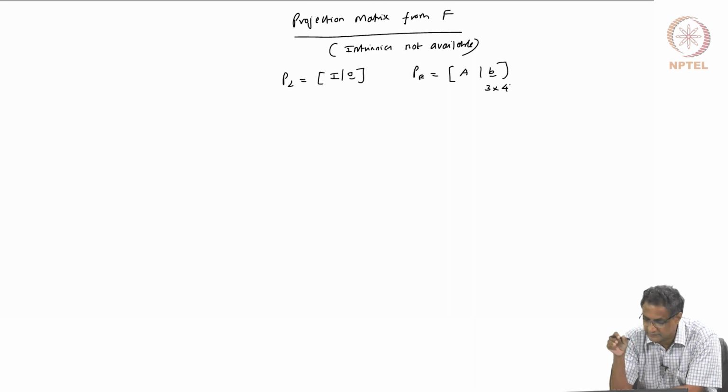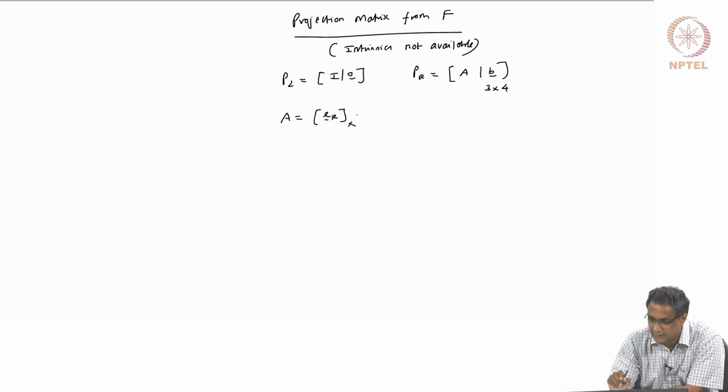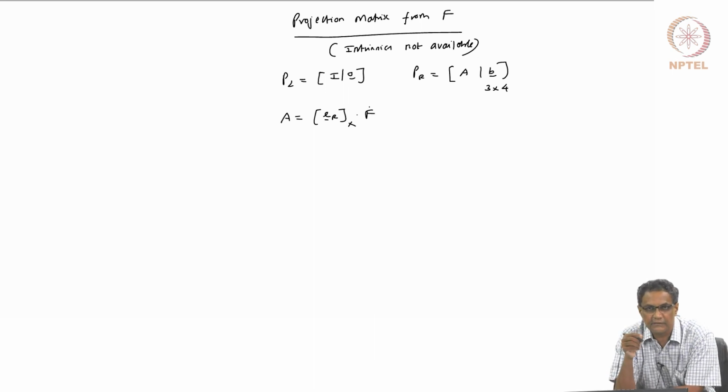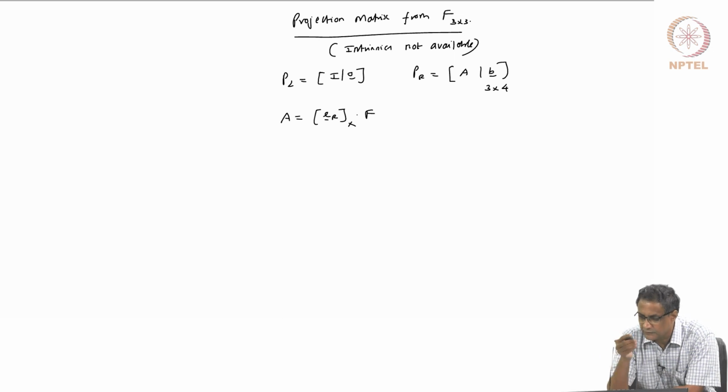There are several choices, but one possible choice which is the most commonly used is A as the cross of ER. So, ER is the right epipole times the fundamental matrix. We are assuming that you have an 8-point algorithm or something through which you are computing F. So, F is this 3 cross 3 matrix that we have computed using point correspondences.